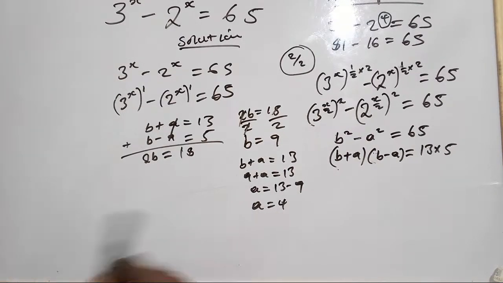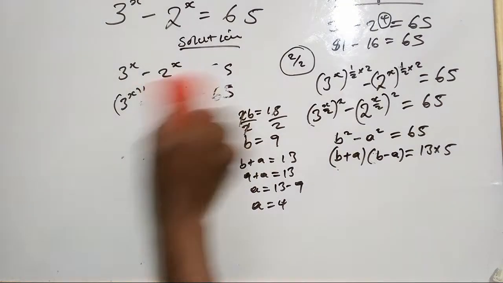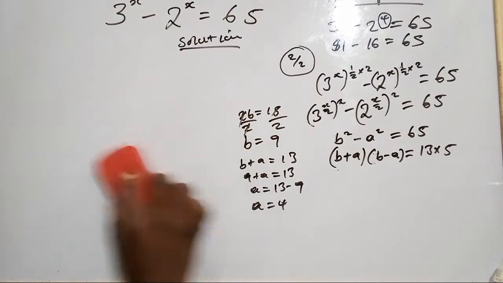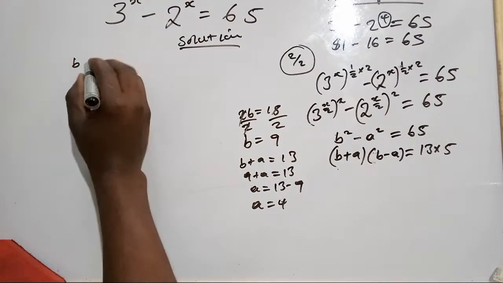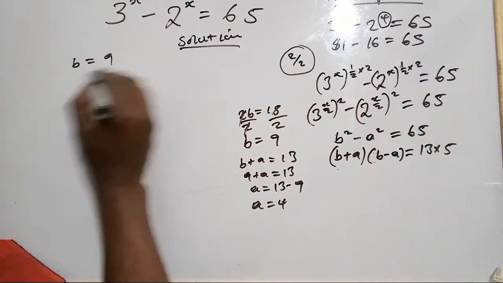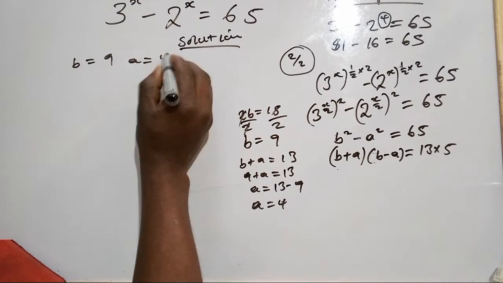Now we have found the values. Let's try to create a space here. We have found that b is equal to 9 and a is equal to 4, right?